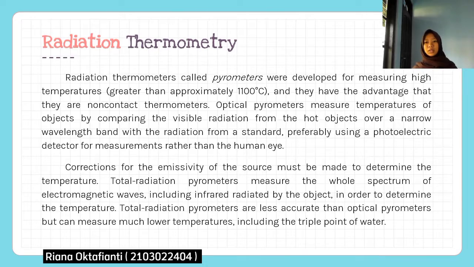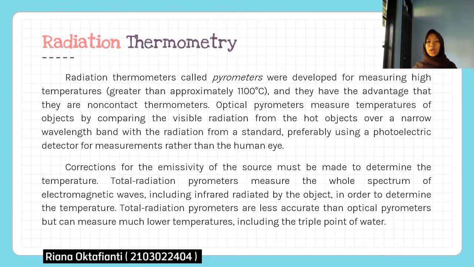Optical pyrometers measure temperatures of objects by comparing the visible radiation from the hot object over a narrow wavelength band with the radiation from a standard, preferably using a photoelectric detector for measurement rather than the human eye. Correction for the emissivity of the surface must be made to determine the temperature.